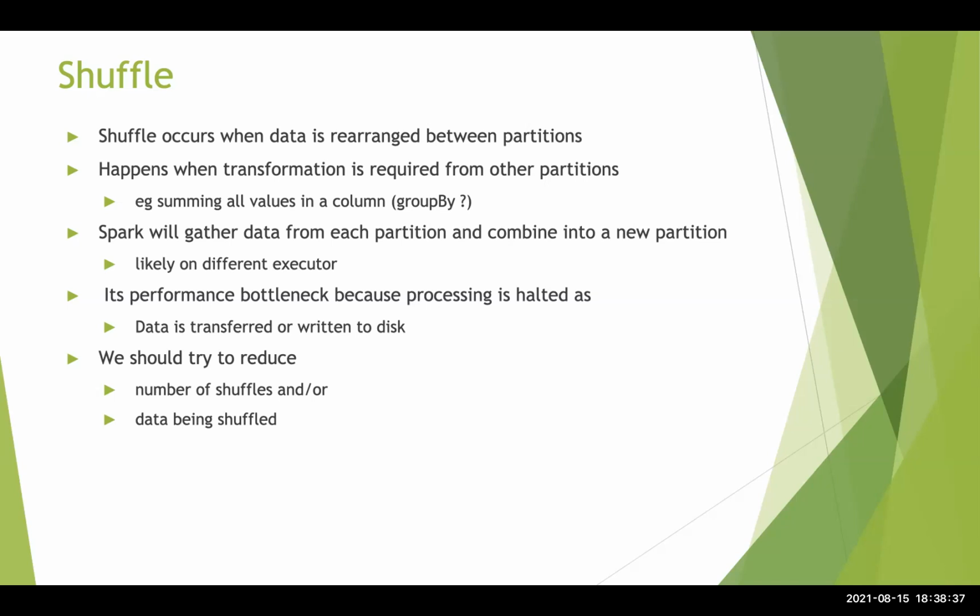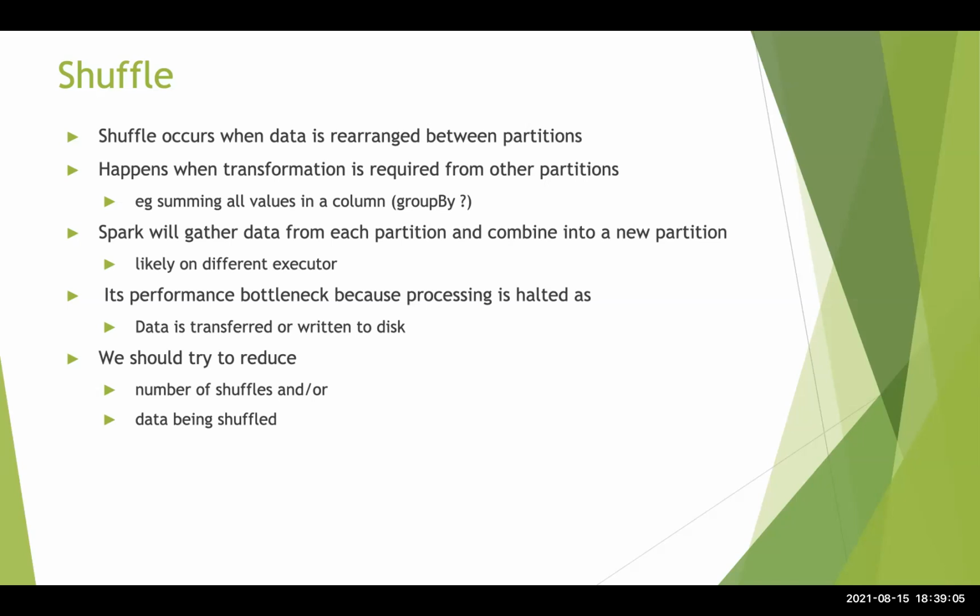An executor itself runs inside a worker node, and one worker node can have one or more executors. Keep that picture in your mind, so that when we talk about partitions, inside one executor there is one task, and that task is related to one partition. So when data moves across partitions, it is called shuffle.